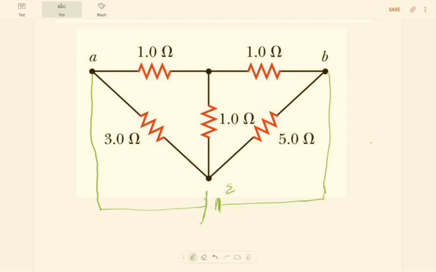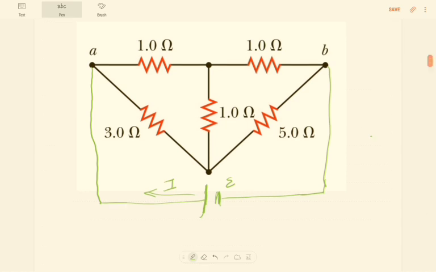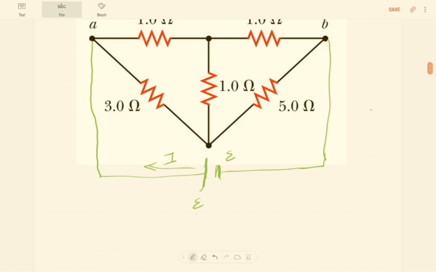So this is your potential source, and of course the current across this electromotive force or this battery is I. Then finally, by finding simply the ratio of the electromotive force to the current, you would find the resistance of the combined resistance between A and B.